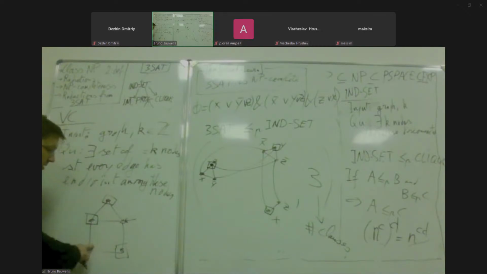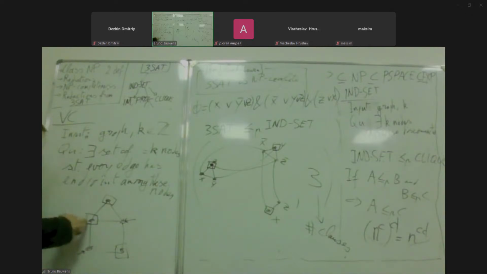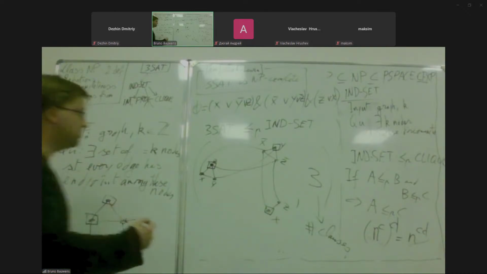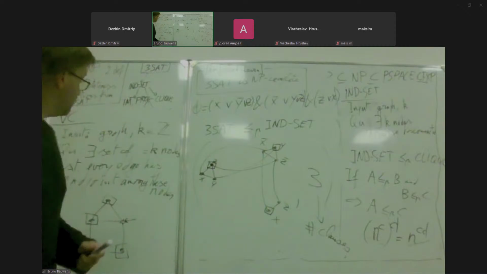So the minimal size of a vertex cover corresponds to the maximal size of an independent set: number of nodes minus. If we have a vertex cover of size 3, we have an independent set of size 2. If there is no vertex cover of size 2, then there is no independent set of size 3. And so the reduction is very clear. It's a really easy reduction.